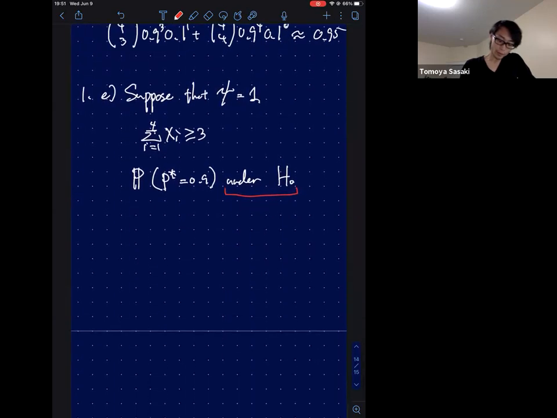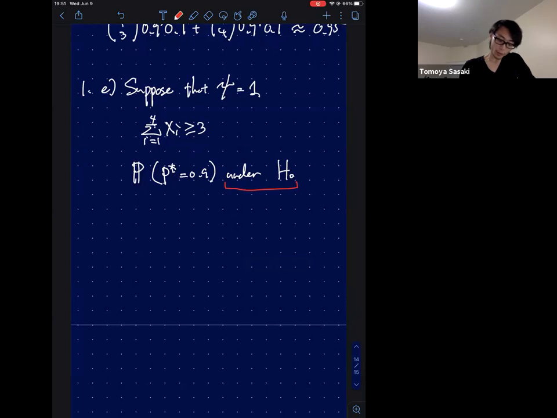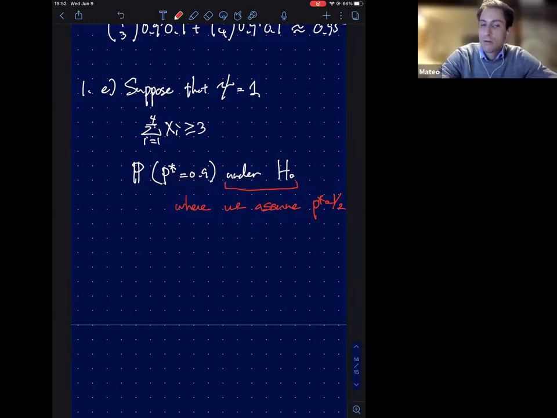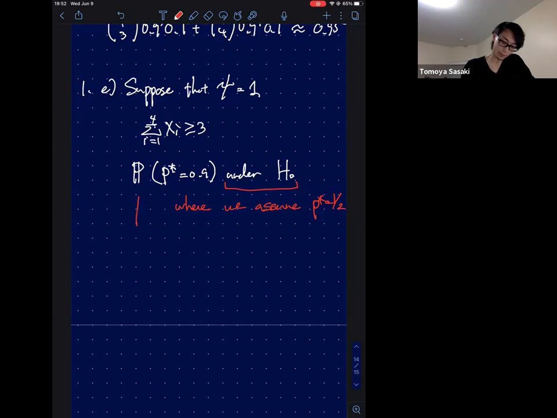So when we say under H0, we are in the scenario where we assume P star is equal to 1/2. So yes, exactly, this quantity is equal to 0.